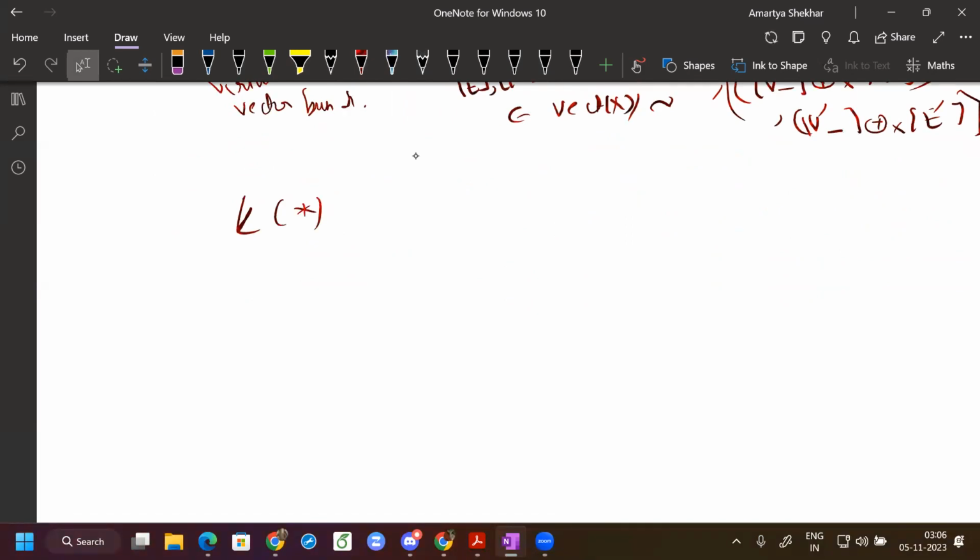Let's do an example, the first thing that you do: the K-theory of the point. If you have a point, this is just the category of vector spaces and isomorphisms of vector bundles. The isomorphisms are bijective linear maps.